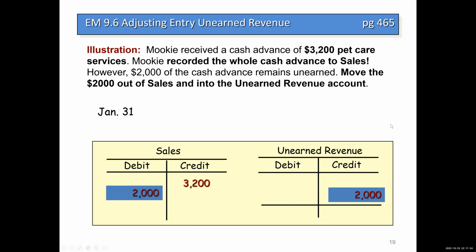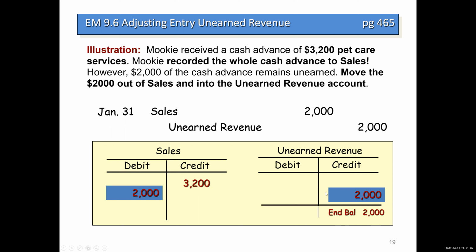Now, let me show you the journal entry. You're going to debit sales for 2,000. You're going to credit unearned revenue for 2,000. And notice here that it's great because it works out, because we know that at the end, we have $2,000 that remains unearned. So we need to make sure that our liability is 2,000.